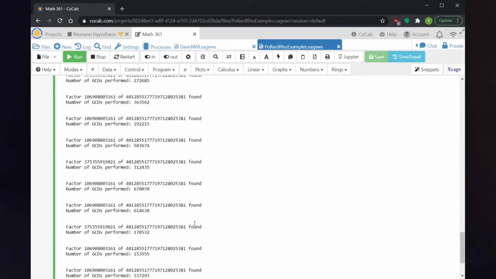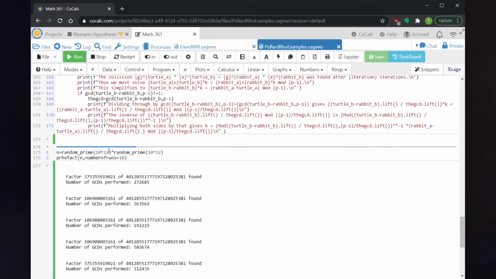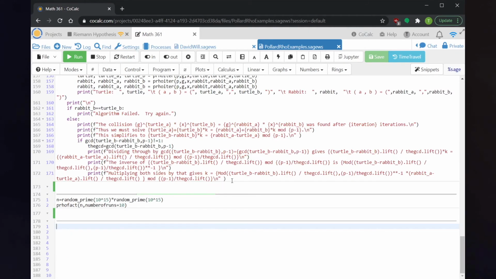And this is where it's now taking a perceptible amount of time, but still getting done. Now, my experience suggests that, at least with my implementation of this algorithm, about the most you're going to do that's going to be friendly for a video is something in the vicinity of a 30-digit number.